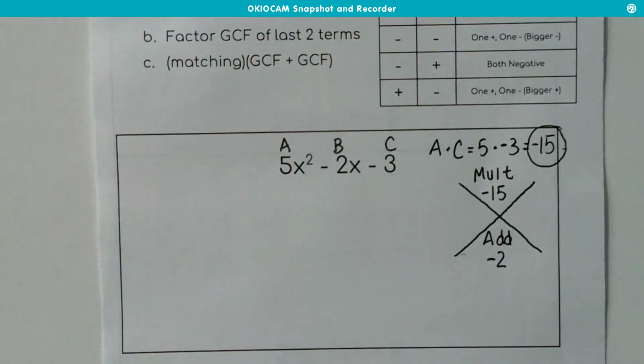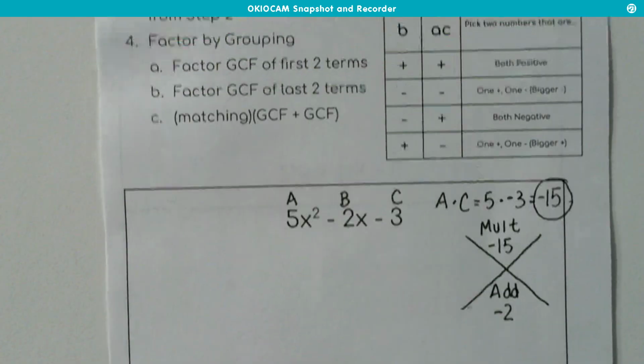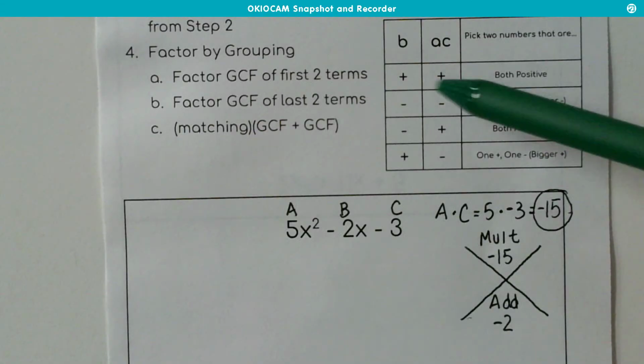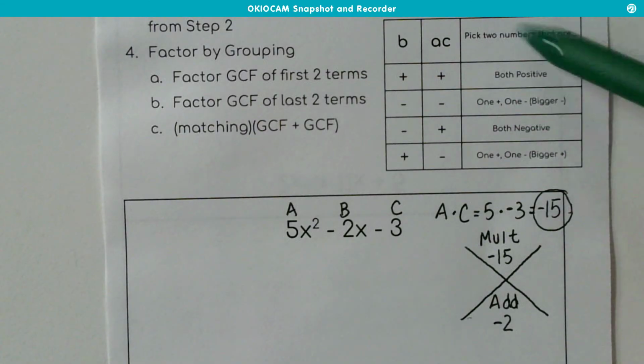So multiply to AC, add to B. If you still want to list out your factor pairs, you are more than welcome to. If you need your table of when things are going to be positive or negative, it's right here for you.